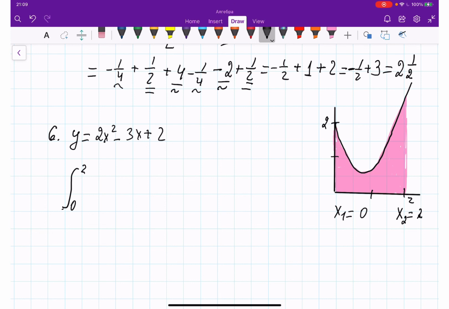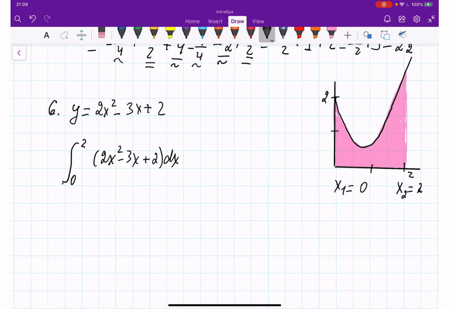So we have the integral of 2x squared minus 3x plus 2 dx, and we are getting twice x cubed over 3, limits 0 to 2, minus 3 times x squared over 2, limits 0 to 2, plus 2x, limits 0 and 2.